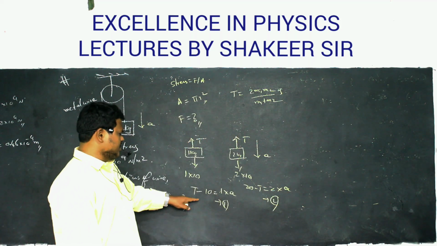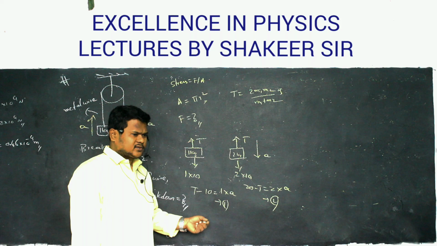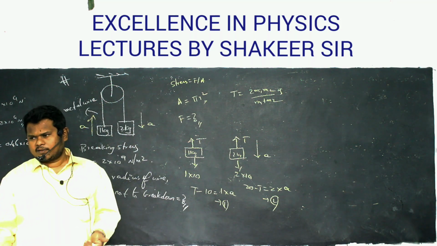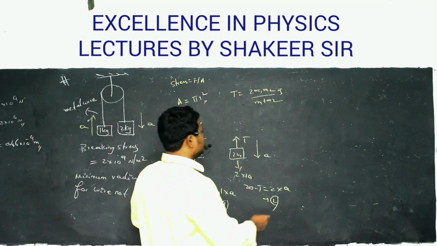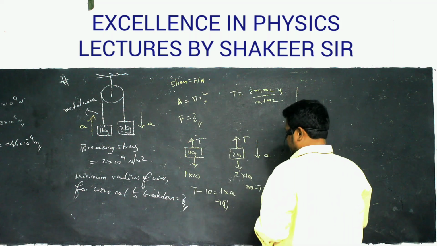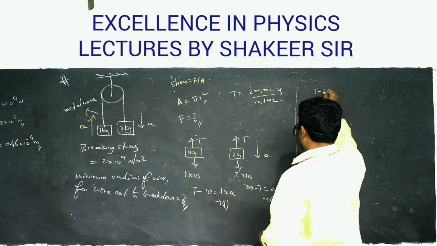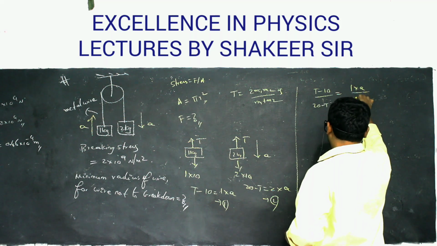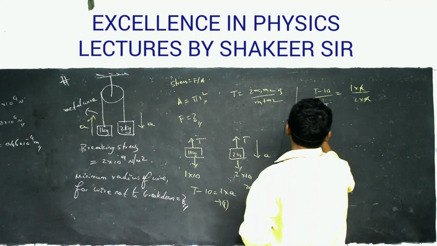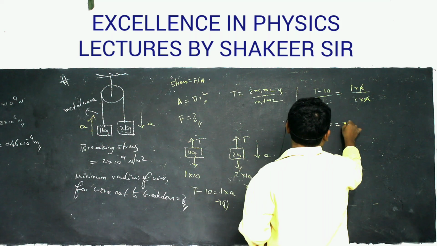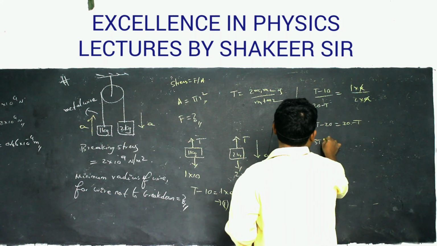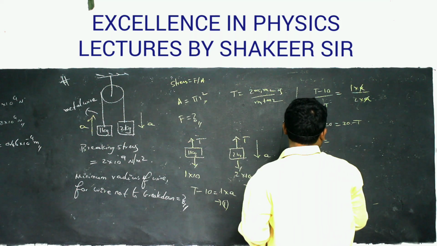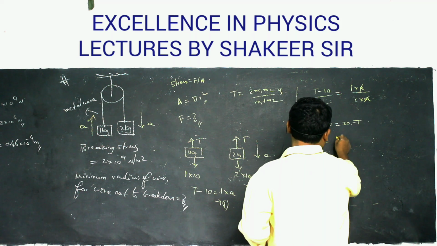If you divide both equations, a gets cancelled, and I will get the equation for tension. So dividing both the equations, T minus 10 divided by 20 minus T is equal to 1 into a divided by 2 into a. The a gets cancelled. So 2T minus 20 is equal to 20 minus T. 3T is equal to 40.